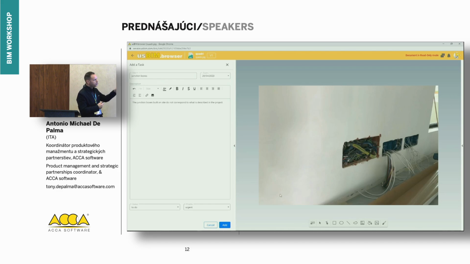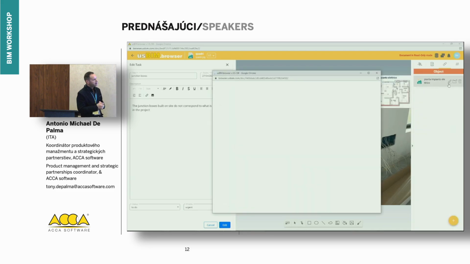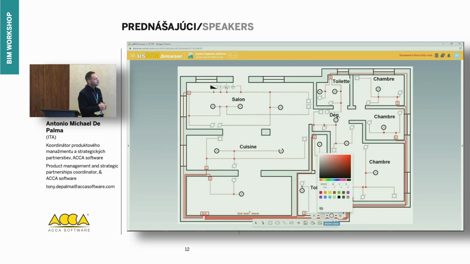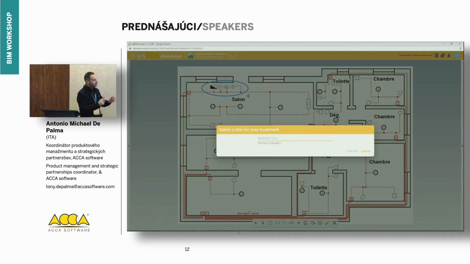For instance, I can send off as an attachment to the issue in usBIM Resolver an indication that the junction box was supposed to be positioned somewhere else. And in fact, we can show him on the floor plan that the junction box was to be positioned differently according to what we have in reality.